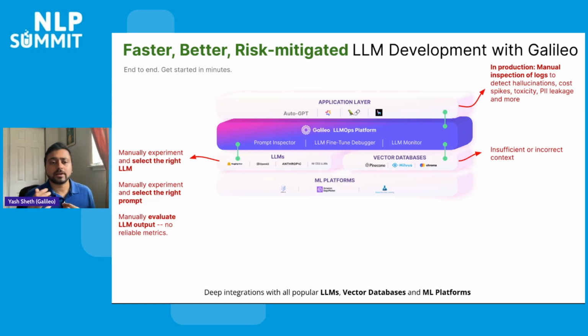Secondly, with vector databases, you're often not sure whether we have sufficient context, or is there too much context on that side, and how is the context being utilized by the model to service the prompt. And then lastly, there's the application layer, where we have a bunch of prompt orchestration going on.